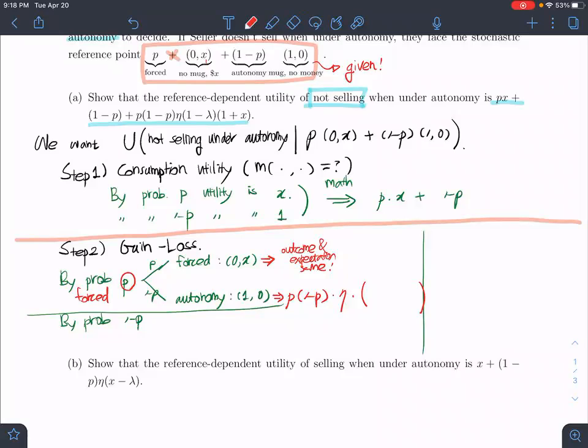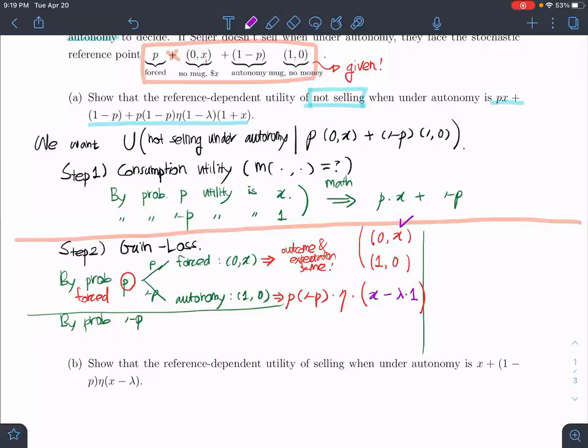So in this case, my reference point was having 0 mark and then X dollars. However, what I expected was having one amount of mark and then having $0. So this part is gain, and then minus lambda times 1 is my loss.